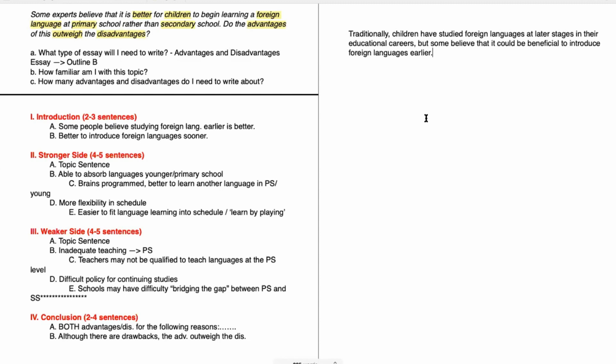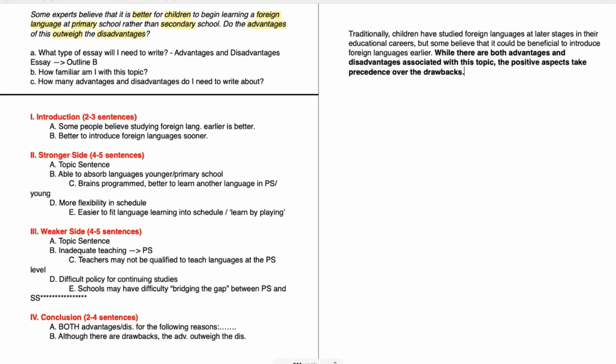Now, for my thesis statement, I'm going to put that in bold because that is what we'll need to reference and support throughout our writing. And I'm going to say, while there are both advantages and disadvantages associated with this topic, the positive aspects, so the advantages, take precedence over the drawbacks.